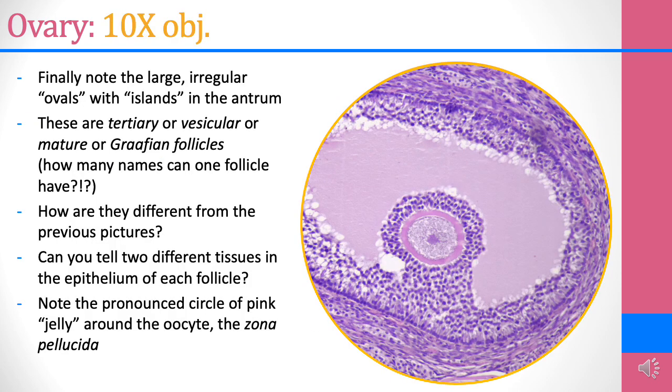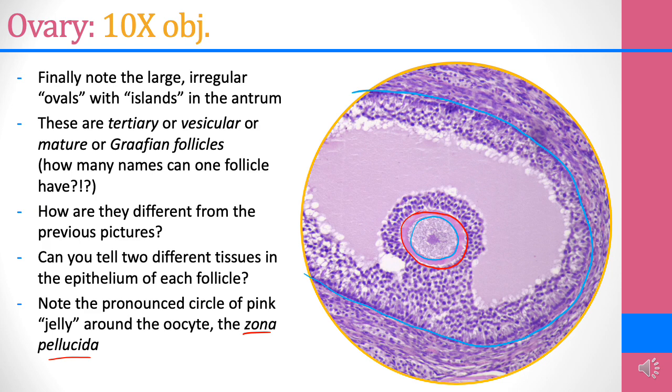We zoom back out to our 10x objective and scan around, and we'll find a large irregular oval. Here's the oval, with an island in the middle. That's your oocyte. There's your zona pellucida.